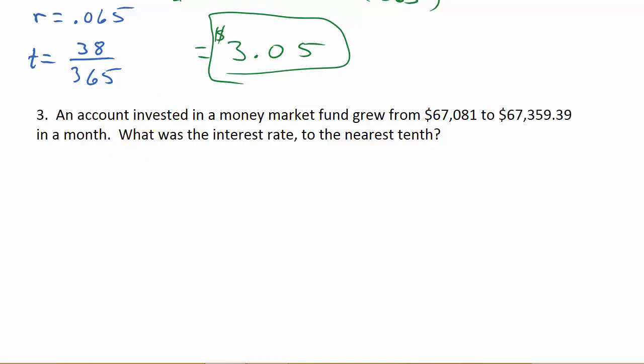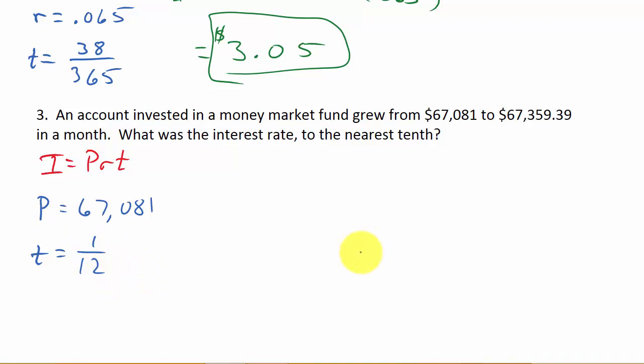So we've got I equals PRT, and we're looking for R. We invested $67,081, so that tells us that P is $67,081. T, well, it happened in 1 month. So 1 month expressed as a year is 1 over 12.